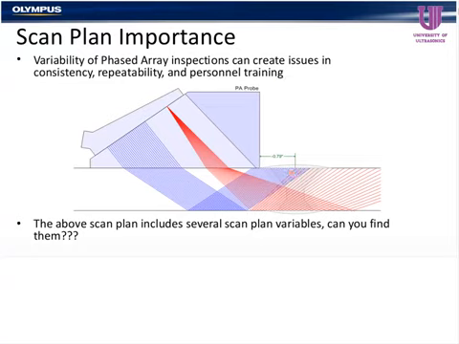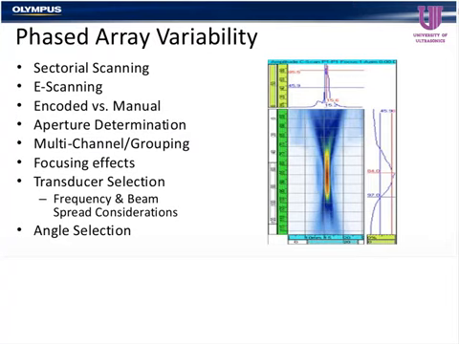We have quite a bit of information to keep track of, a lot of variables that we can change and still perform the inspection correctly. So what we need to discuss are some guidelines to building this scan plan and trying to help with the variability of that inspection.